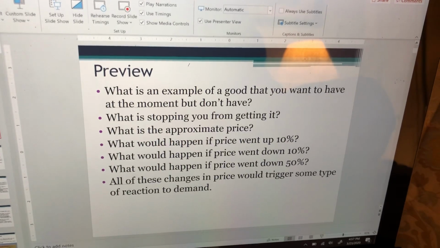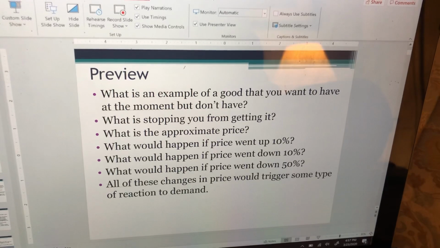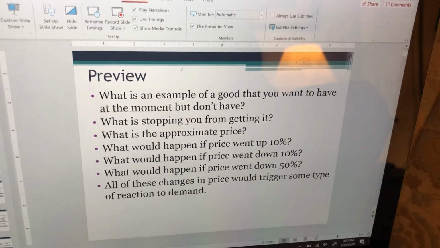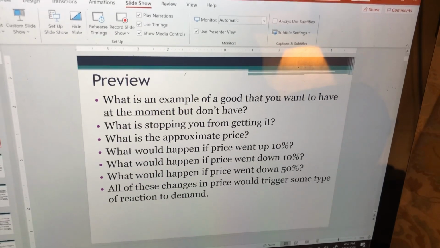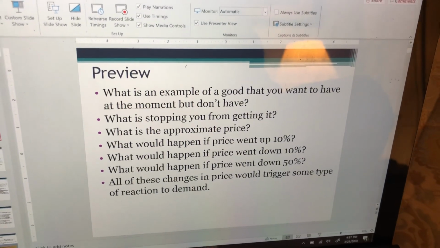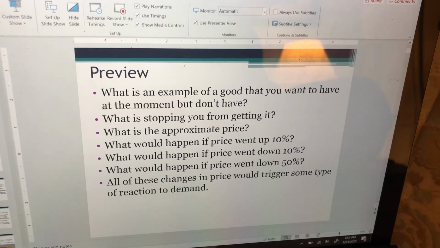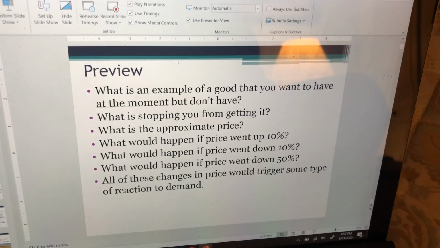So if you think about a good that you perhaps want at this moment but don't have, let's say we wanted the new iPhone 11, right? What's stopping you from getting that new iPhone? What's the approximate price? To be honest, I don't even know, but I'm going to guess it's about $1,000 for that phone.